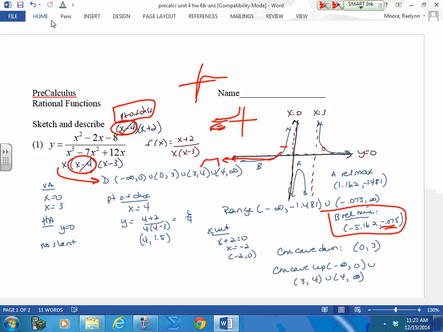Now, here's a little hint also, and I wish I had my calculator. If you put this entire thing in your y1, and then you reduce this, and your reduced format, you put in your y2, it will look exactly the same. And it should.